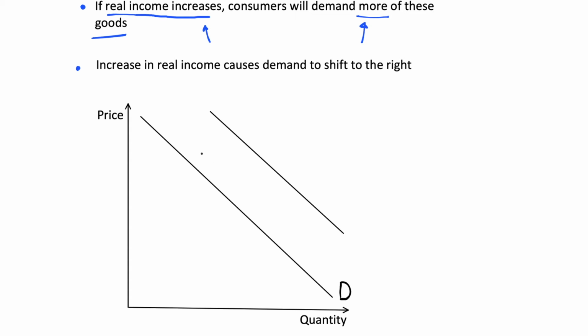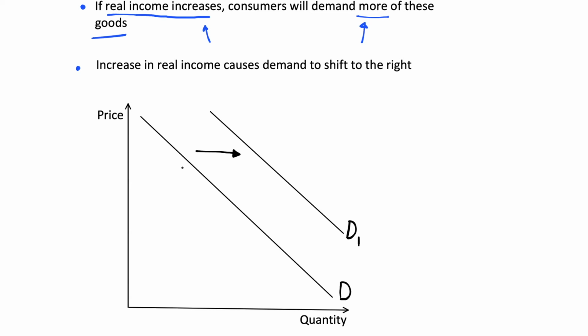If this happens, then for a normal good, and this demand curve here is for a normal good, so we can think of some examples and I'll go over them in a minute, our demand curve is going to shift to the right if we have an increase in real incomes, to this new demand curve D1.